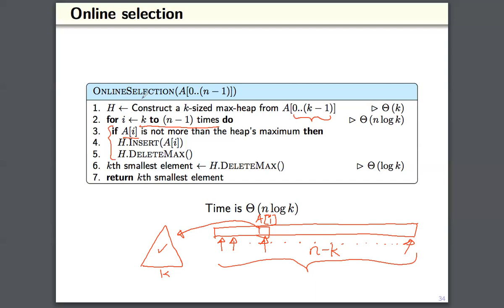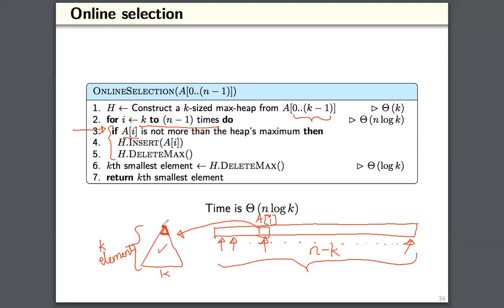So let's focus on this line 3. If A of I is more than the heap's maximum, what does that mean? It means it's bigger than a number you've already put into the heap, so it's not going to be one of the smallest numbers. Exactly. So suppose you have k elements here. If A of I is bigger than the heap max, the max element is at the root, and checking that is constant time.